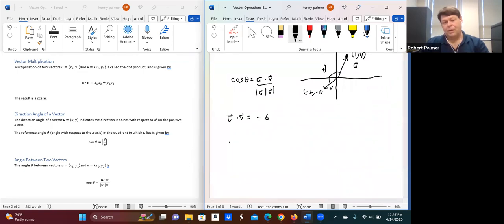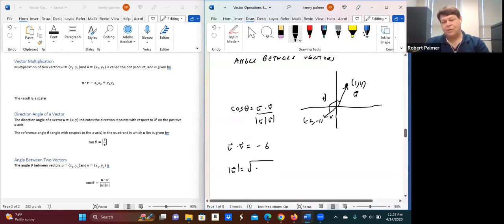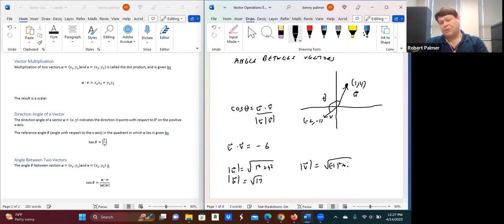Okay. And the magnitude of u is going to be essentially the Pythagorean theorem. So the square root of 1 squared plus 4 squared. And that's going to be basically 1 plus 16, which is 17. Then the magnitude of v is going to be the square root of -1 squared plus -2 squared.